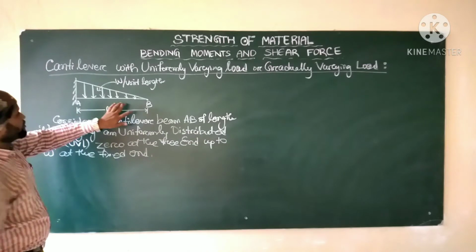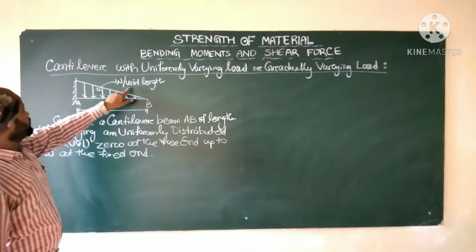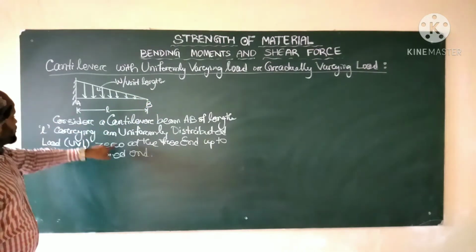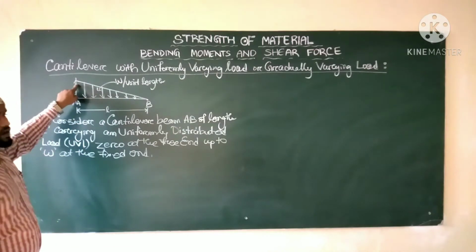So here is the cantilever beam AB of length l carrying a uniformly varying load, UVL, which is 0 at the free end and w at the fixed end.